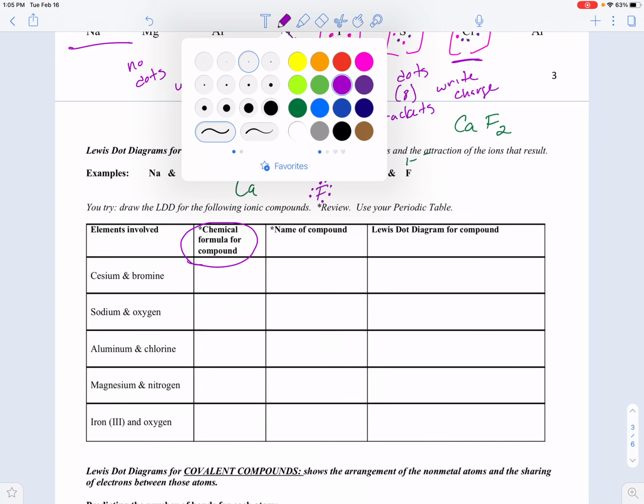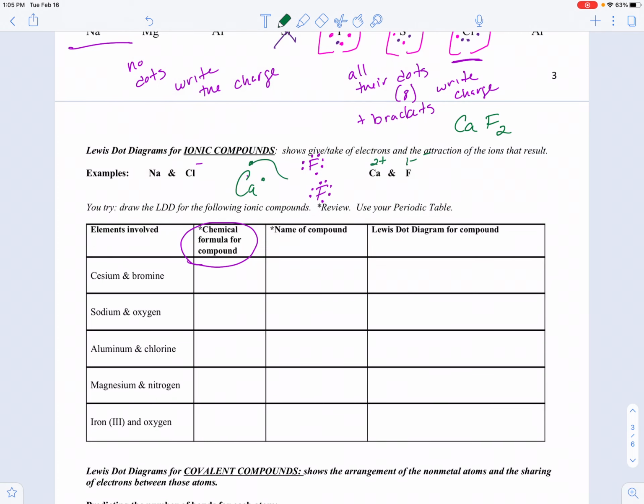And then what ends up happening is calcium gives up 1 electron to this fluoride, because that fluoride really wants 1. It's got 1 more valence electron to give up, so it's going to give it up to a second fluoride. When that happens, you're going to end up with calcium that has a 2+ charge. The dots are gone. And you're going to end up with fluoride, but you're going to have 2 of them.